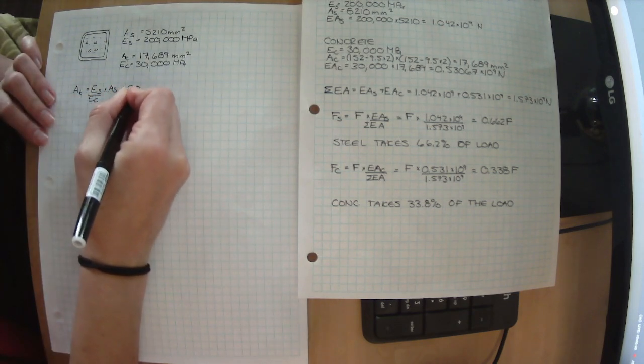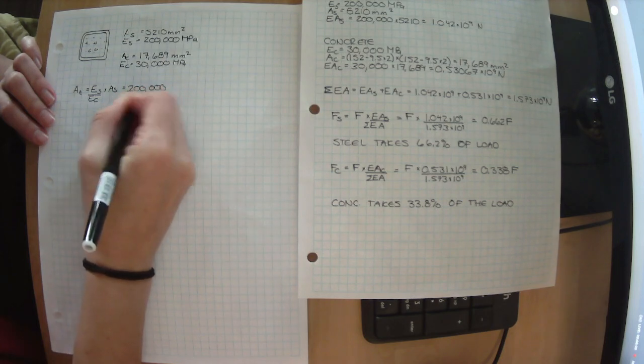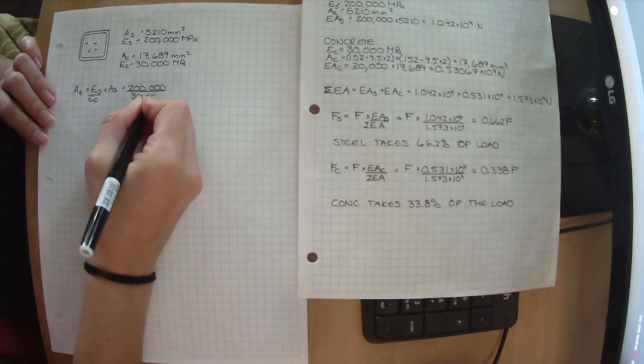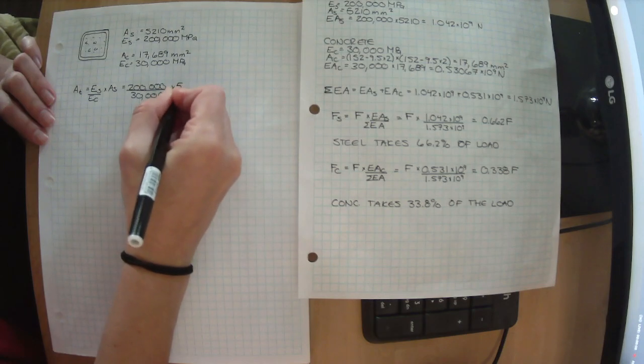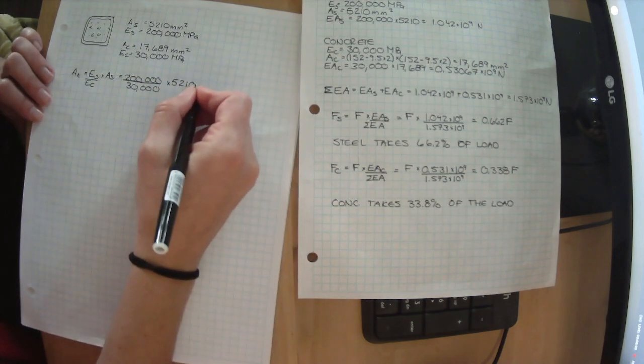Or 200,000 divided by 30,000 times 5,210 millimeters squared.